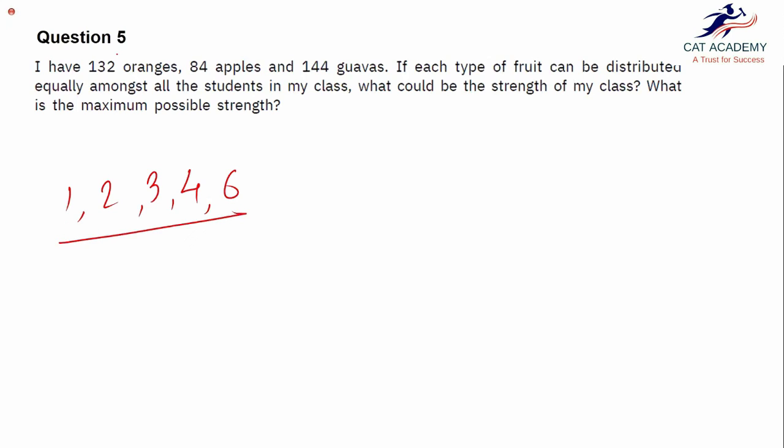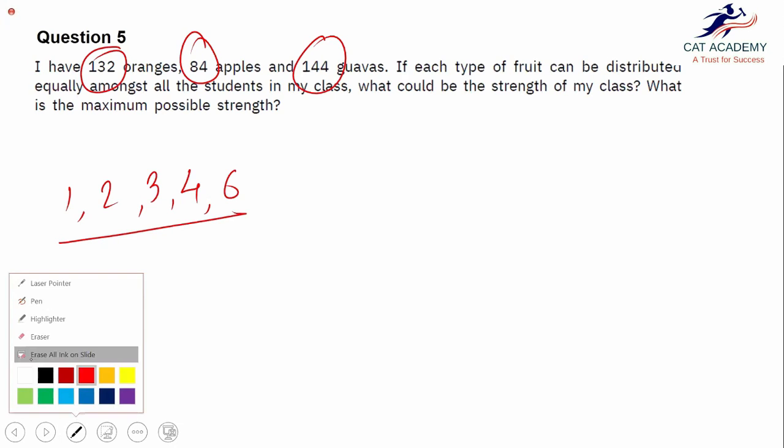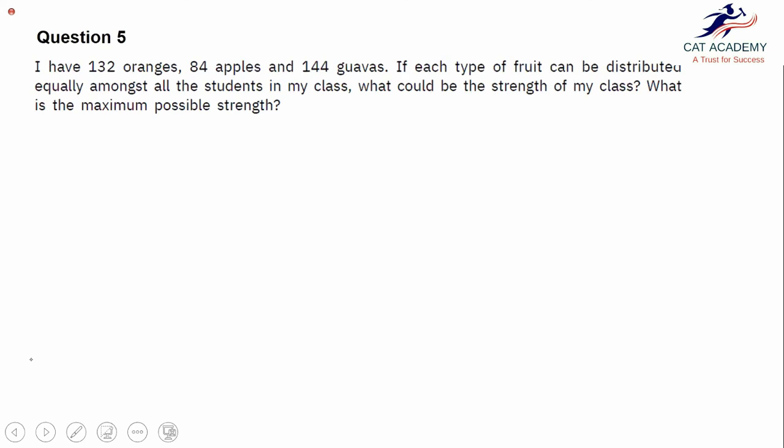So what are these numbers? Factors. 1, 2, 3, 4, 6 and all, they are factors. That means I am looking at factors. And my class strength should be a factor of 132, a factor of 84, and also a factor of 144.